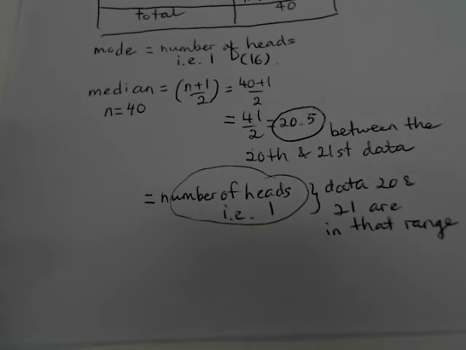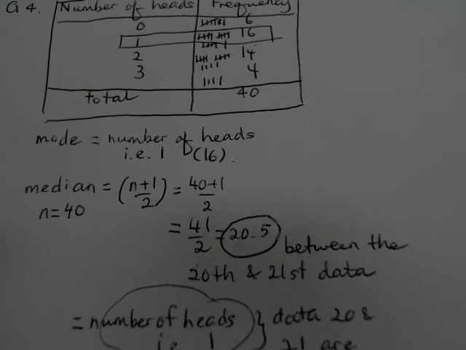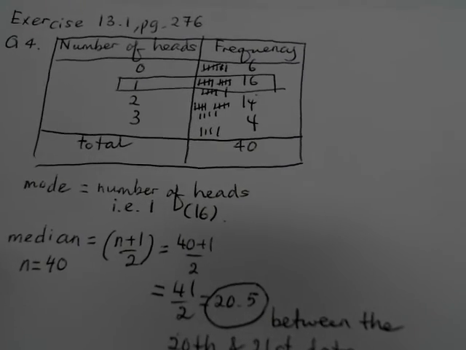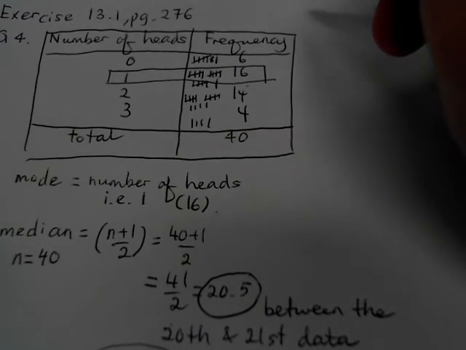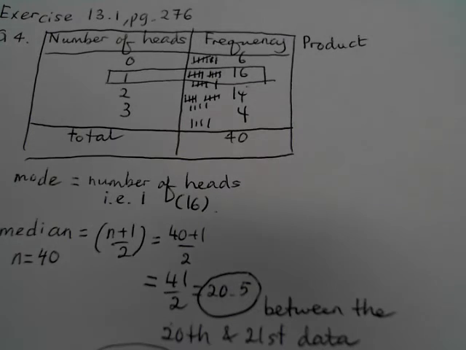Okay, now the next one here is the mean. This will be a little bit different. You have the table over here given to you, right? You have to write down the product. Because what we're trying to say here is, when we have a frequency of 6 for the number of hits of 0, we multiply them.